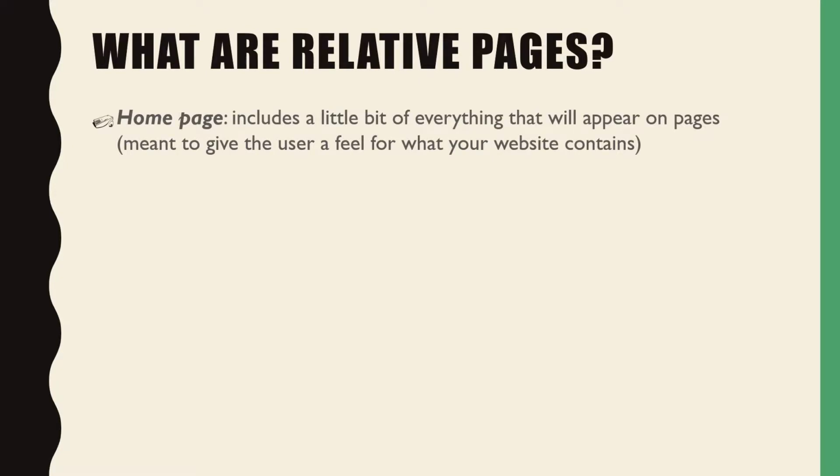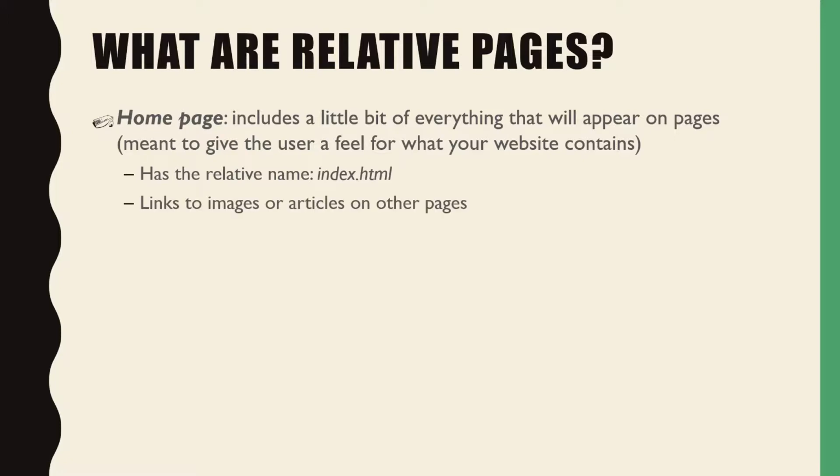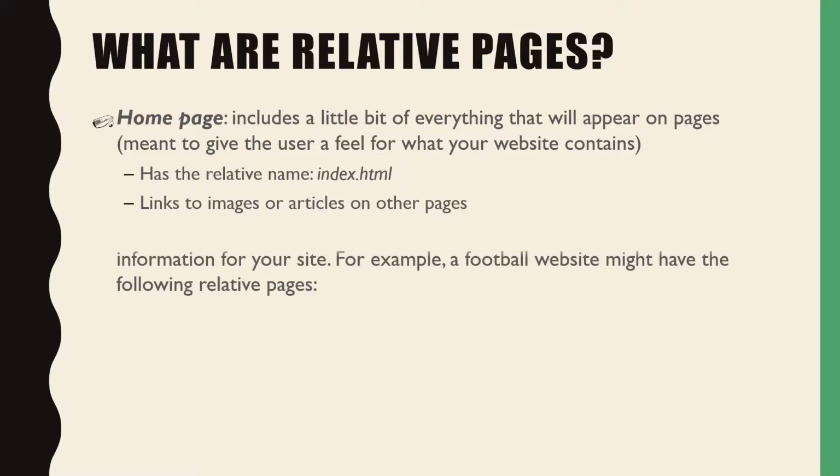Relative pages. First, you start with the home page. The home page should include a little bit of everything that will appear on all of your pages within your website. The home page is meant to give the user a feel for what the website contains. It has the relative name index.html. It links to images or articles on other pages.